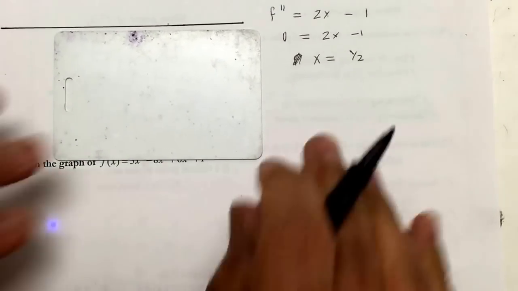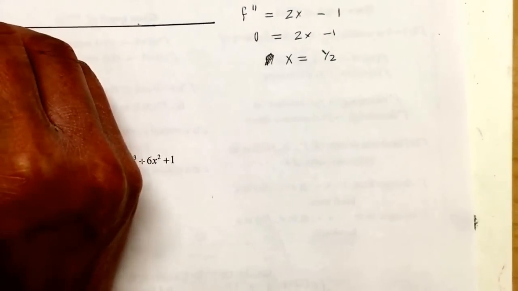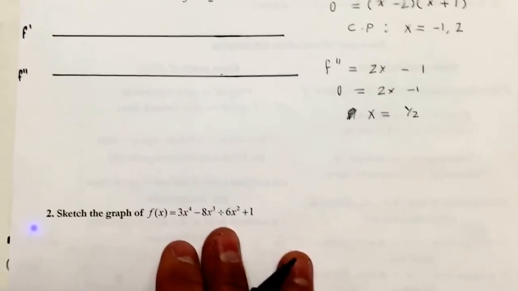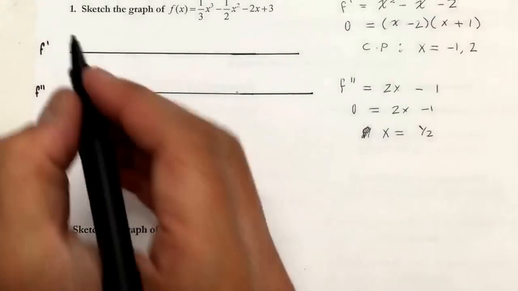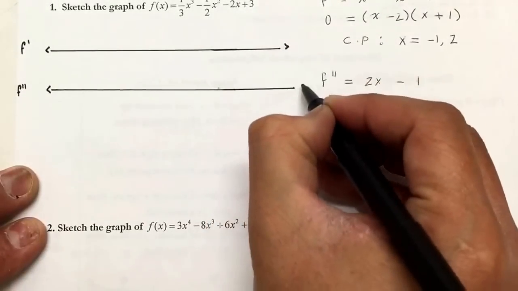The first one is for f prime, the second one is for f double prime. There are arrows on these sign graphs.